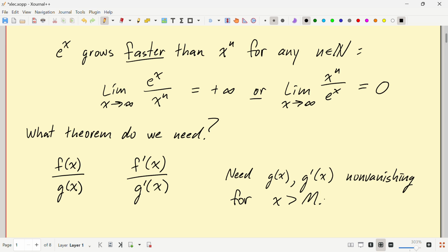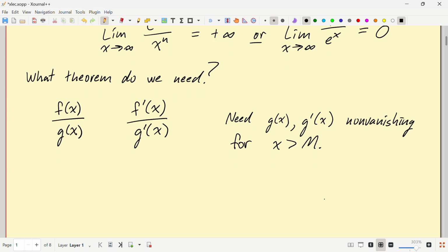What else do we need? We need f and g to be differentiable for big x.